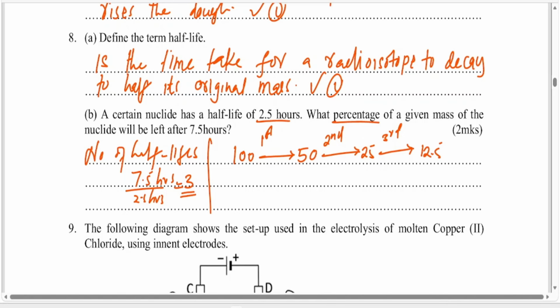We may also have an alternative method, where we use a formula: the remaining amount is given by 1/2 power n multiplied by the original amount. N, in our case here, is the number of half-lives.